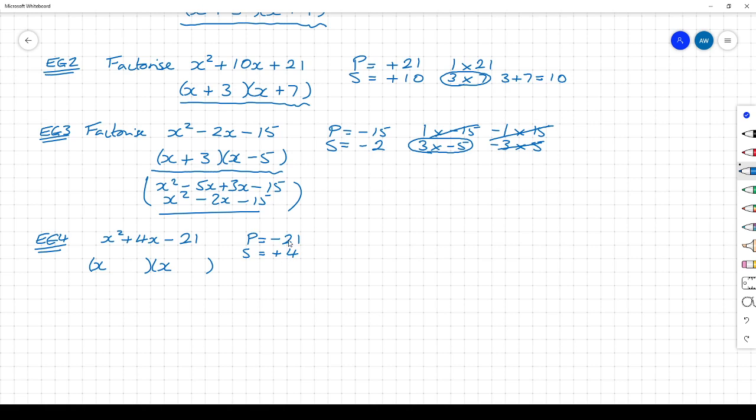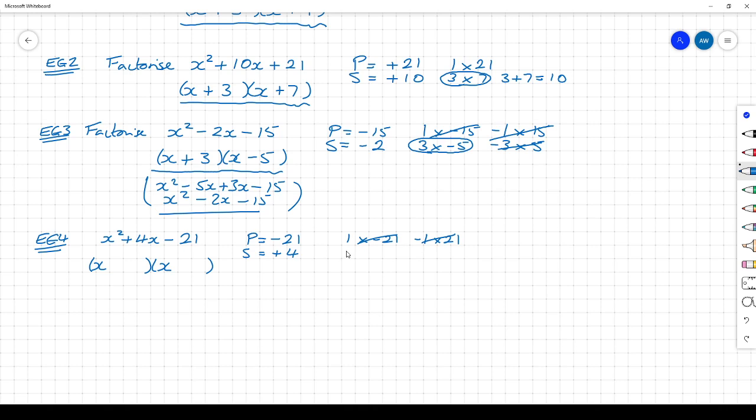Let's write down all the products that give us minus 21. So we do 1 times minus 21, or minus 1 times 21. One of them's plus, one of them's minus. We'll swap it around. Do those add up to 4? No, they don't.